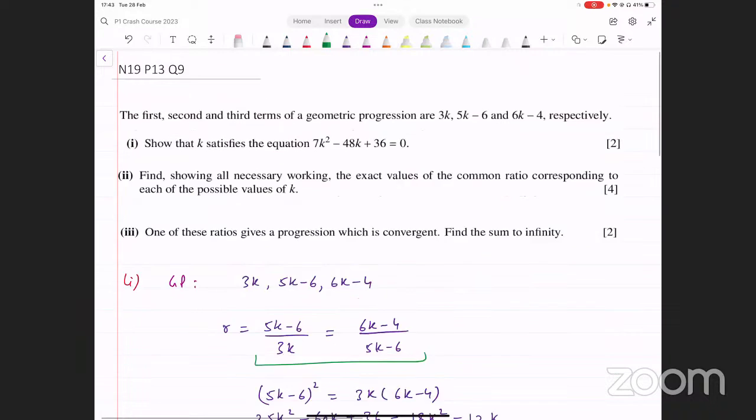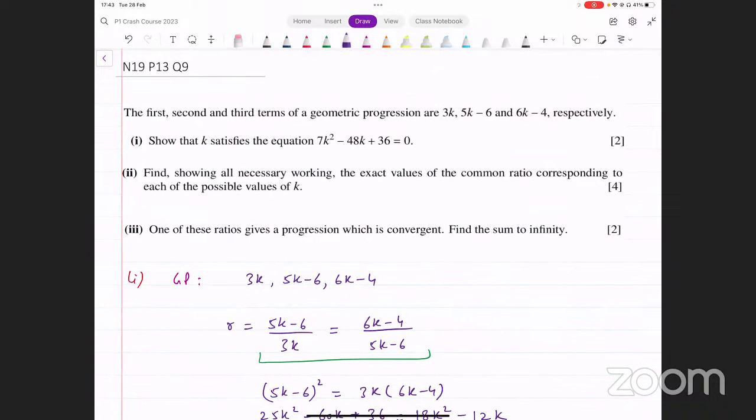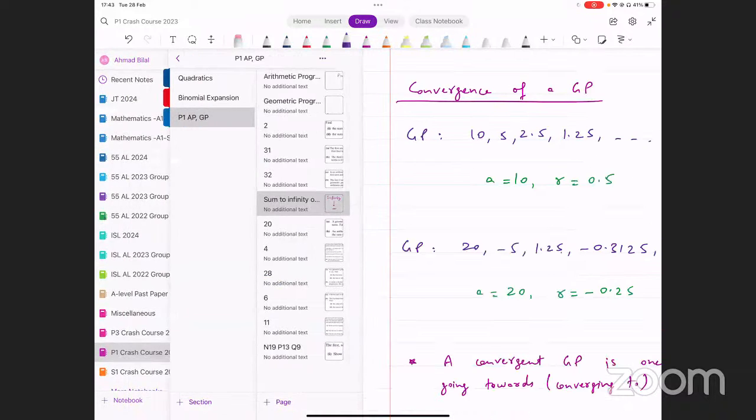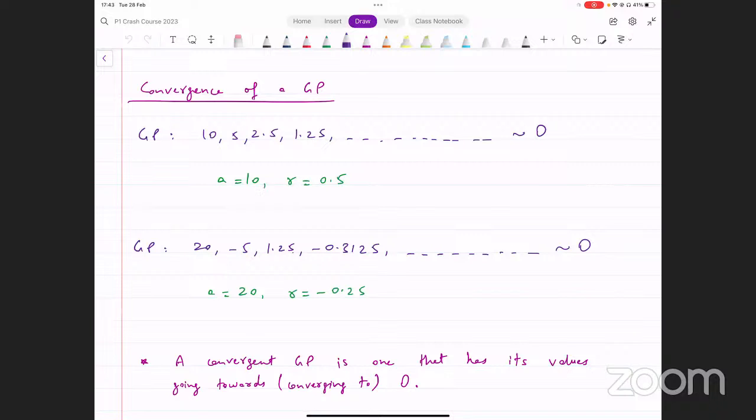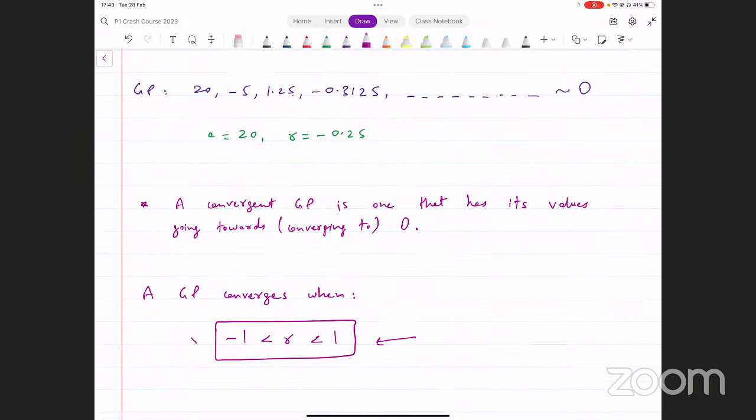Okay, let's move on. In the last part, it says one of these ratios gives a progression which is convergent. Find the sum to infinity. Remember what a convergent sequence is? We did this the other day. A series converges if this condition is met, the same condition that we have for sum to infinity. Ratio should be between minus 1 and 1.